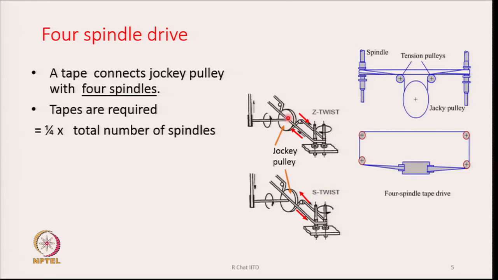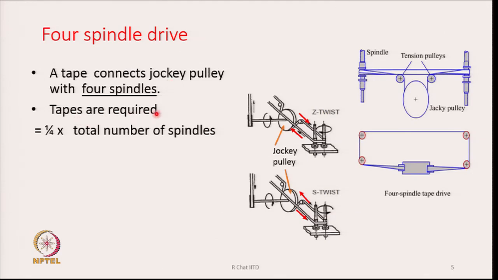There is a central shaft below the machine on which a number of jockey pulleys are mounted, and the jockey pulleys are connected to the spindles. A tape connects the jockey pulley with 4 spindles. So, this is known as 4 spindle drive, because one tape will run 4 spindles.